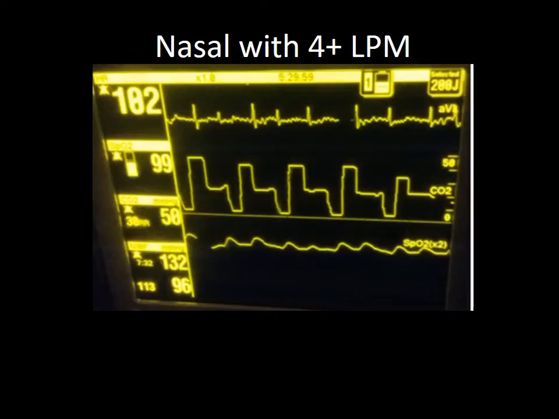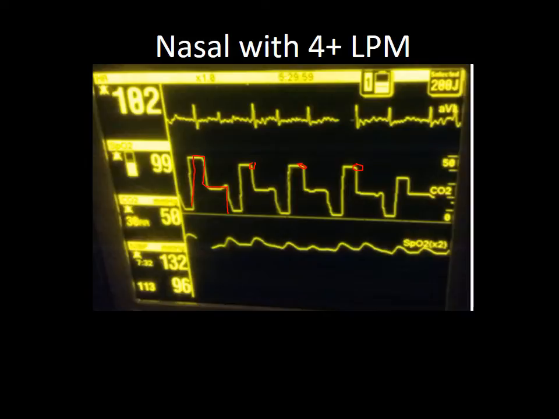And this was a patient that I was transporting that was on 4 liters of oxygen, and if you notice, this patient's carbon dioxide waveform changed to what I call a chair wave, or an Idaho wave, but I like the chair waves, where it looks like a chair. And I thought, what the heck is going on there? The end tidal was still detecting CO2 right here, so that was fine.